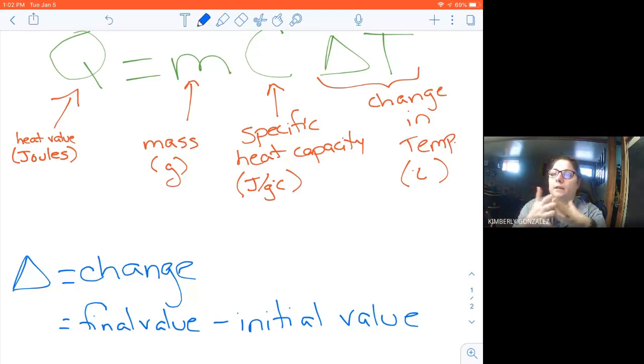Delta T can be a negative number. You didn't do anything wrong. The difference between a negative and a positive is just that you released the energy instead of gaining the energy. So if you get a negative value, it means that the energy was being released. Negative in this case is not necessarily a bad thing.